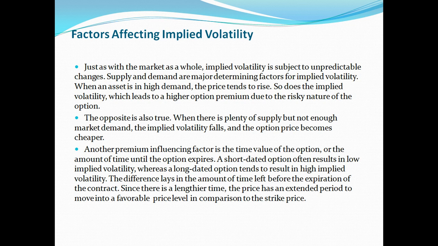A short dated option often results in low implied volatility, whereas a long dated option tends to result in high implied volatility. The difference lies in the amount of time left before the expiration of the option contract. Since there is a lengthier time, the price has an extended period to move in a favorable direction in comparison to the strike price.